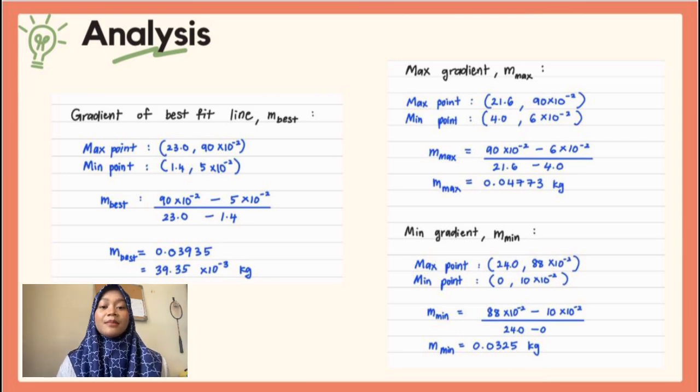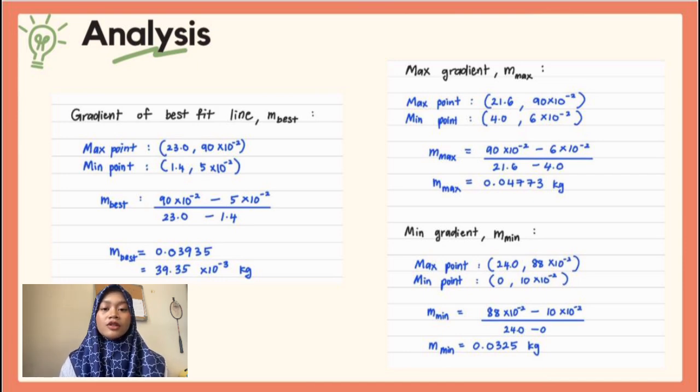Now to find the maximum gradient, first we have to find the maximum point and minimum point on the maximum line. So the maximum point that we take is 21.6 and 90 times 10 to the power of negative 2. And for the minimum point, we take 4 and 6 times 10 to the power of negative 2.